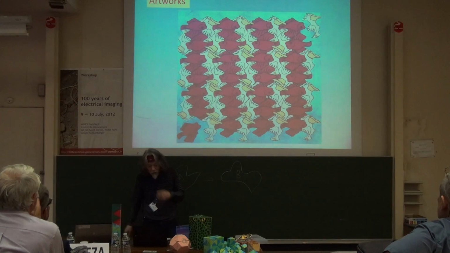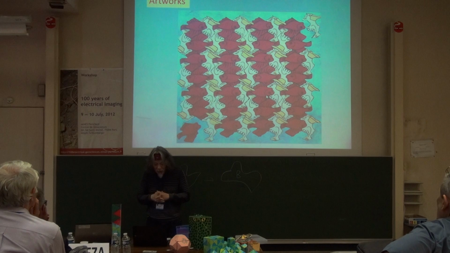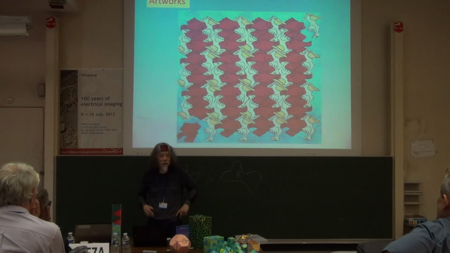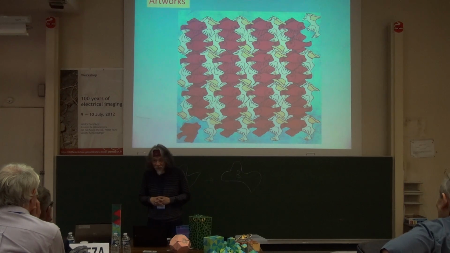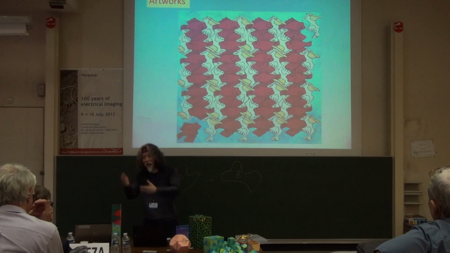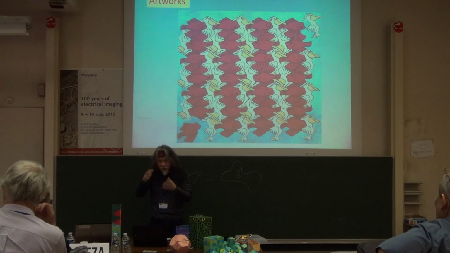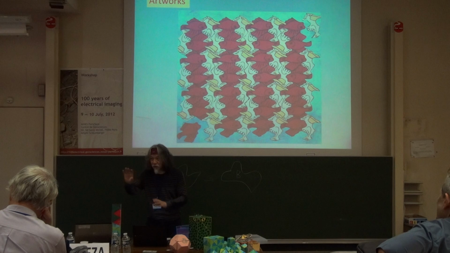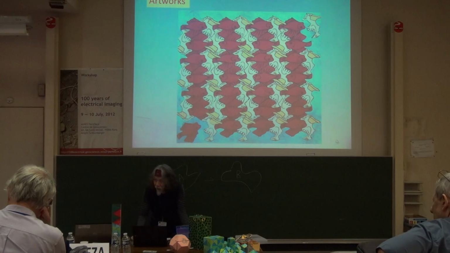So we can create many artworks like this. You can be like Escher, Maurice Escher, because of the repeated pattern. No matter how you cut, that will tile the plane.